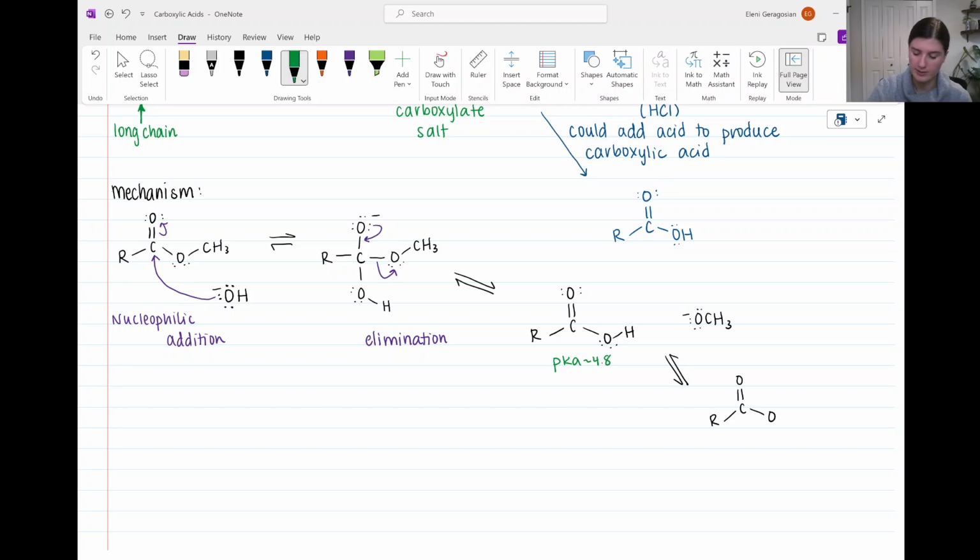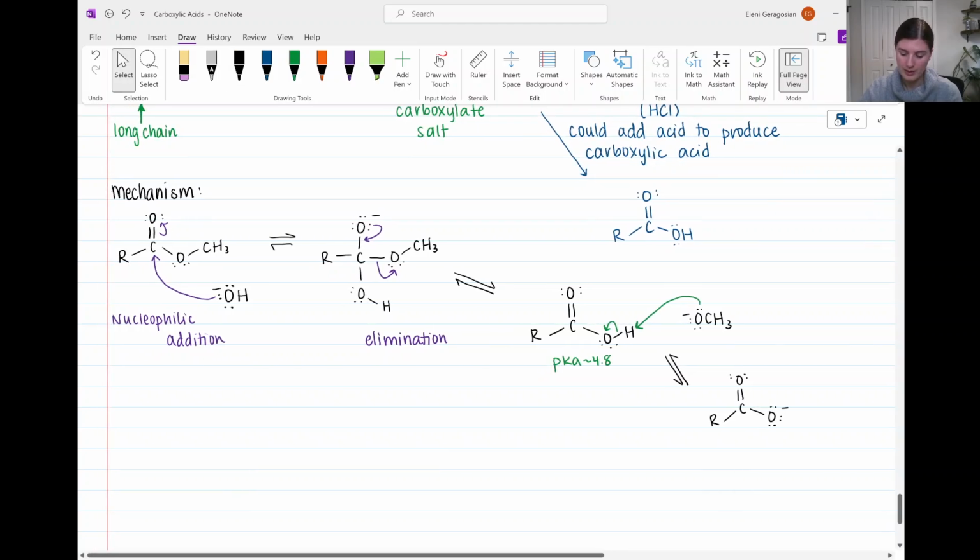I got ahead of myself. We need to draw these arrows. So the methoxy group, negatively charged oxygen, will take a proton from this carboxylic acid, and that causes that carboxylic acid oxygen to become negatively charged. So we have our carboxylate, the soap, and we have CH3OH.